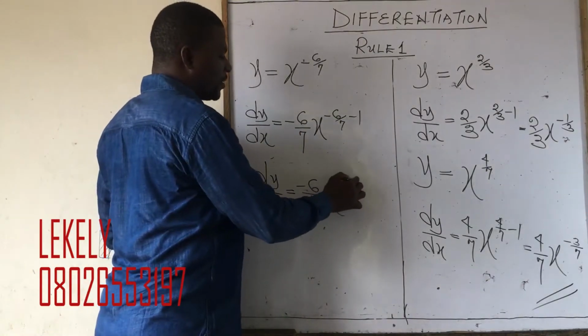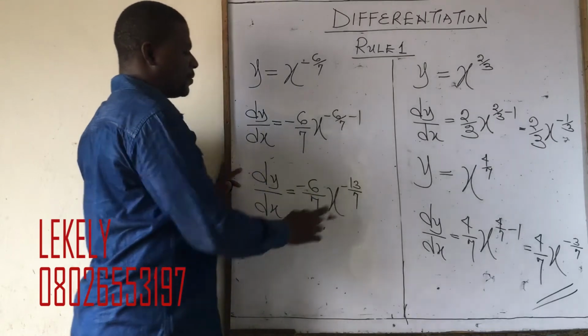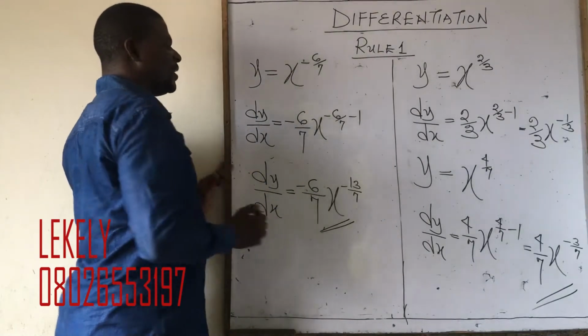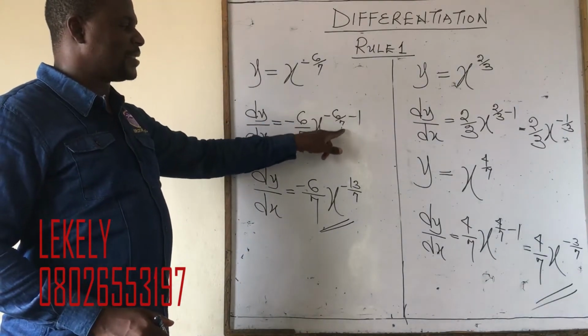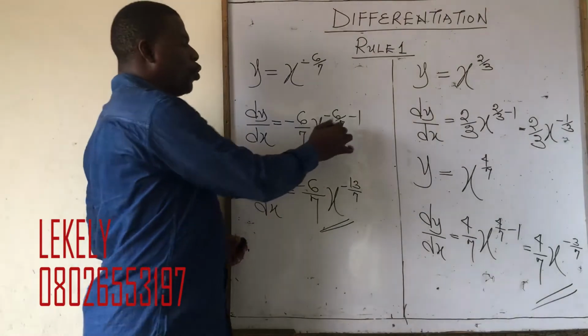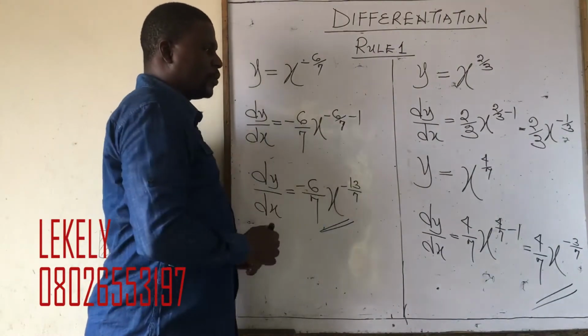So you are going to have minus 13 over 7. You see that? Minus 13 over 7. Because it is minus minus, just add the numerator and denominator, over the denominator.